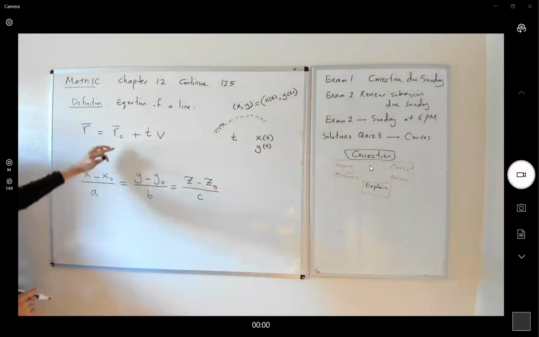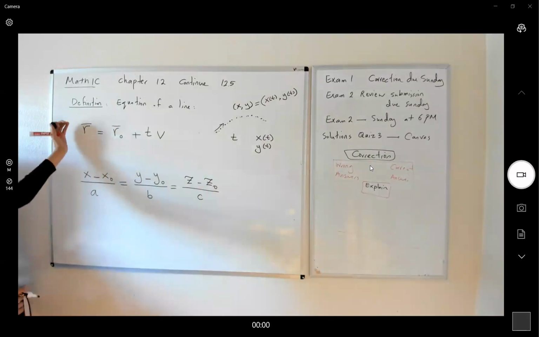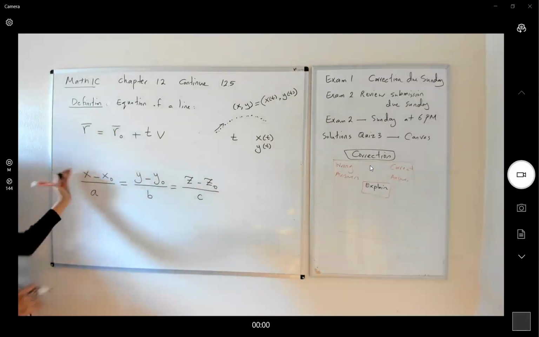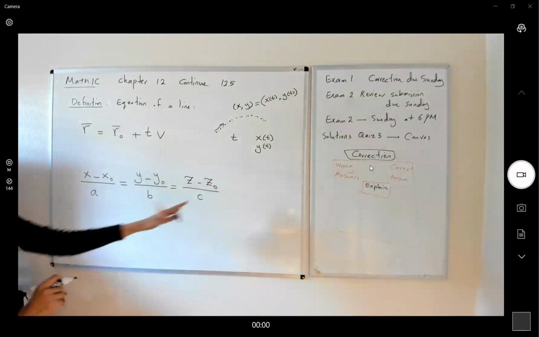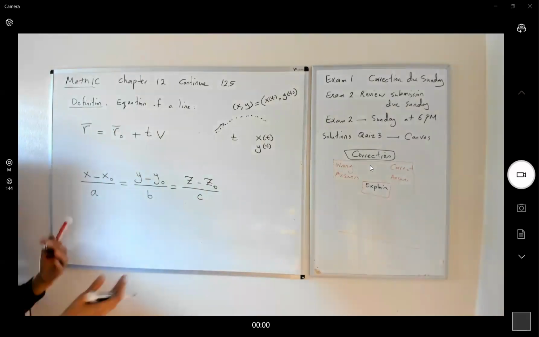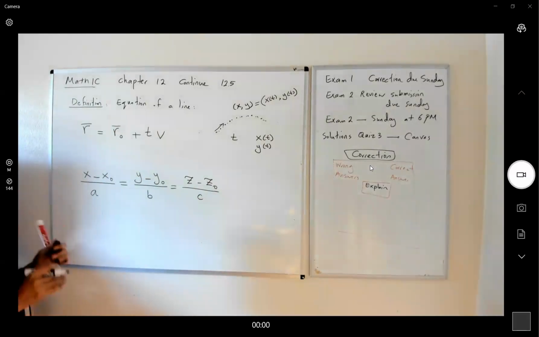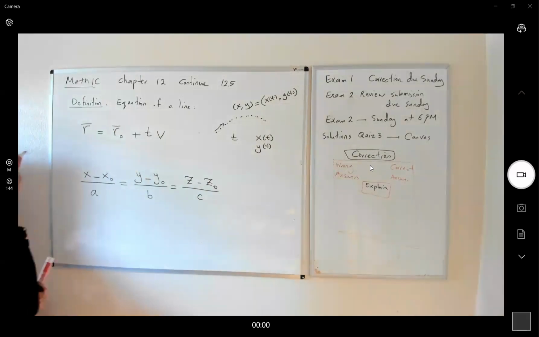The equation of a line can be represented either as a vector, or eventually you can add a parameter here and rewrite this. So I'm going to explain the connection between these two.